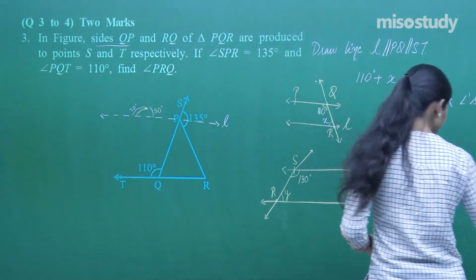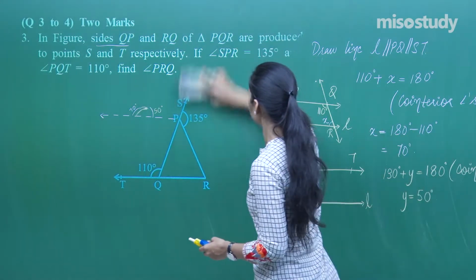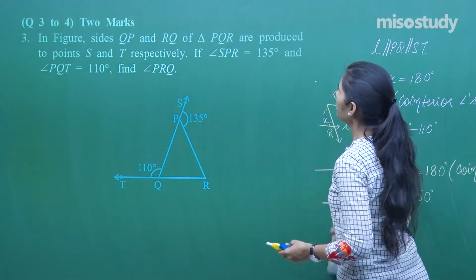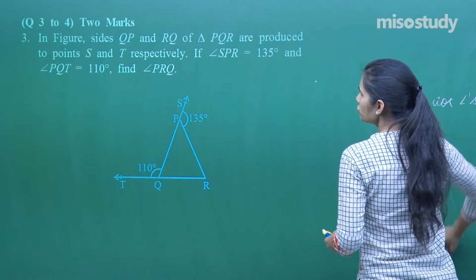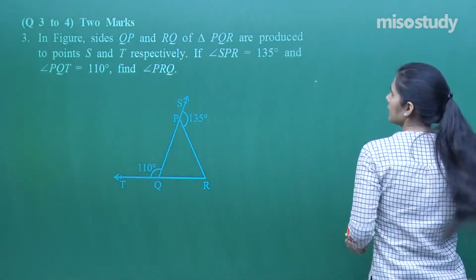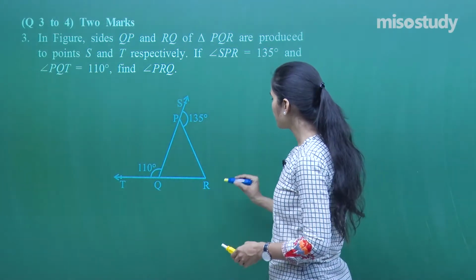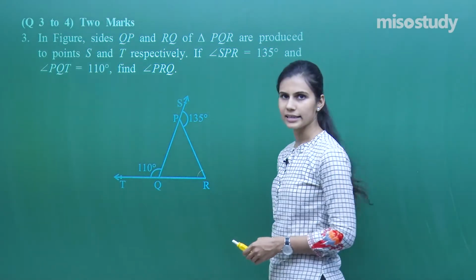In this figure, QP and RQ are produced to points S and T. If angle SPR is 135 and PQT is 110, find angle PRQ. I am supposed to find this angle.